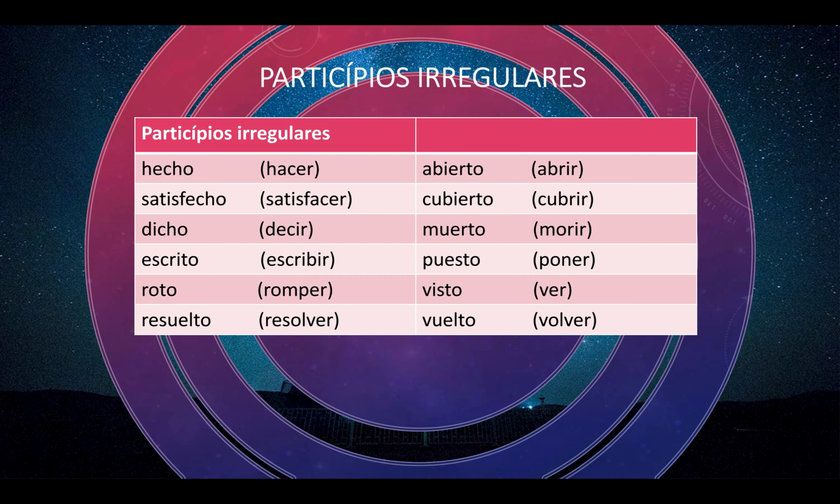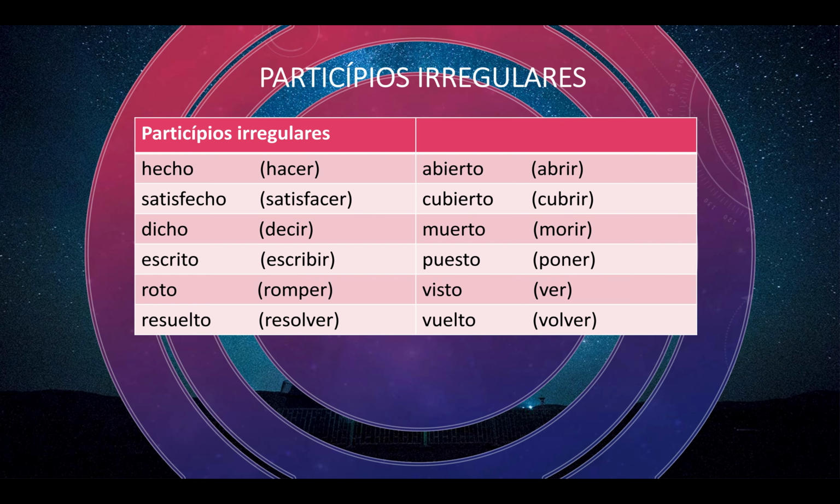But you do need to memorize this list: hacer, satisfacer, decir, escribir, to make, to satisfy, to say, to write. There are a handful of these verbs, hecho, satisfecho, dicho, escrito, that do not take ado, ido endings. These are special forms that must be learned and memorized.